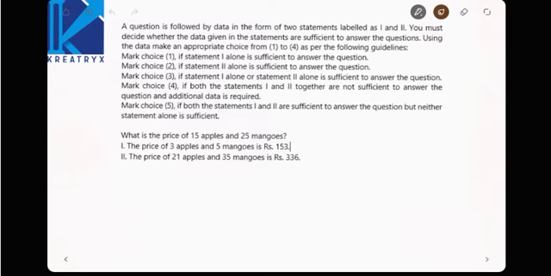Now this type of data sufficiency questions have been asked in GATE for 2 years. Observe this question. A question is followed by data in the form of two statements labeled 1 and 2. You must decide whether the data given in the statements are sufficient to answer the question. Using the data, make an appropriate choice from 1 to 5 as per the following guidelines. Mark your choice as 1 if statement 1 alone is sufficient to answer the question.